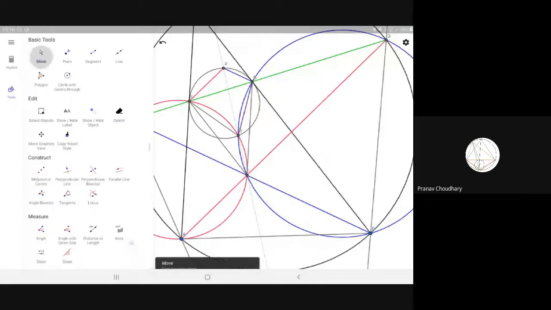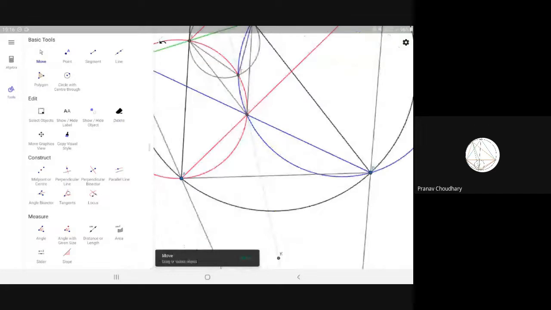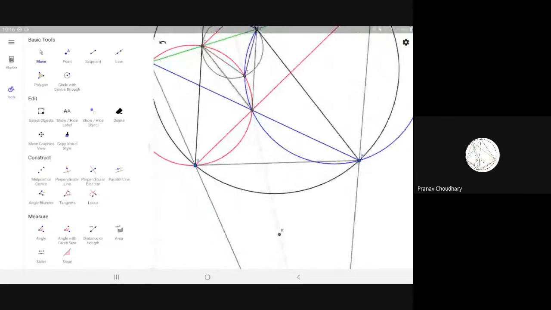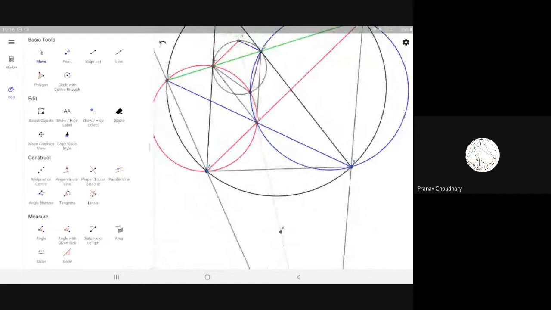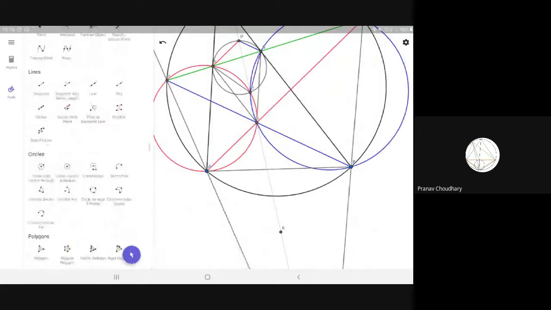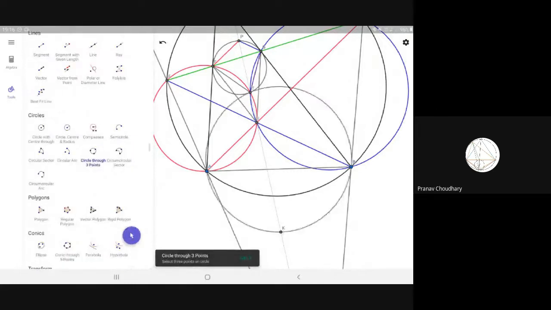And the other side is that you need to prove that T, I and K are collinear. So this part is once again pretty much the same. Using similar methods, you can prove that T, A, B, K lie on a circle. So these four points lie on a circle.